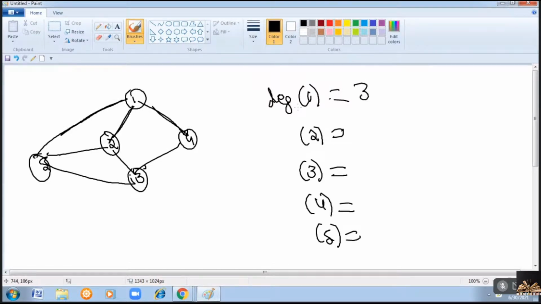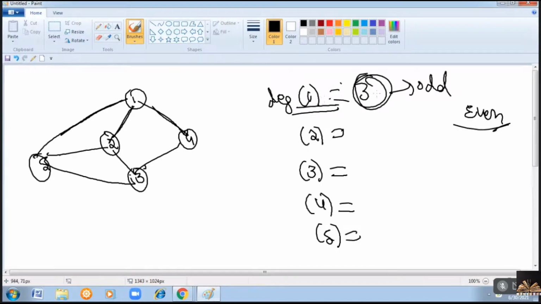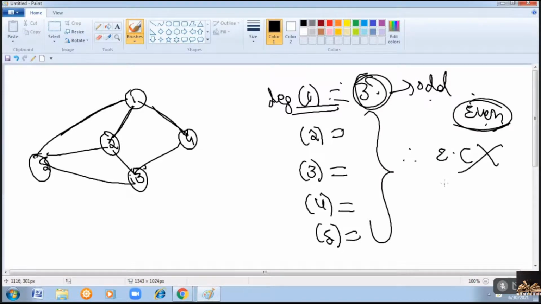So the degree of this first vertex is 3, which is an odd number. For an Euler circuit, all the vertices should have even degree. But here, if any one vertex does not satisfy this condition, you need not check the degree of the remaining vertices. You can simply say that there does not exist an Euler circuit and the given graph is not an Euler graph. Clear?